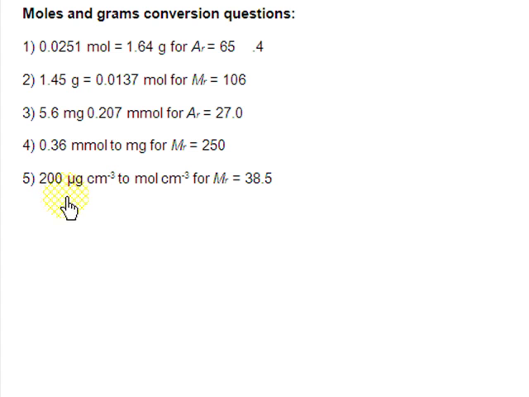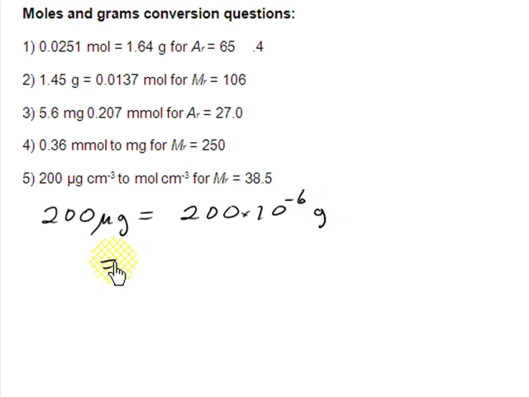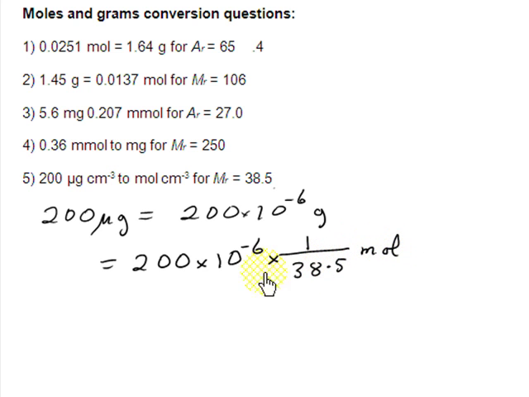But first of all, we will just concern ourselves with the mass, and so we will convert 200 micrograms, first of all into grams, which will be 200 times 10 to the minus 6 grams, and then for a compound which has a relative molecular mass of 38.5, we know that 1 gram of this compound will have an amount in moles equal to 1 divided by 38.5 moles, which we can then evaluate as 5.19 times 10 to the minus 6 moles.